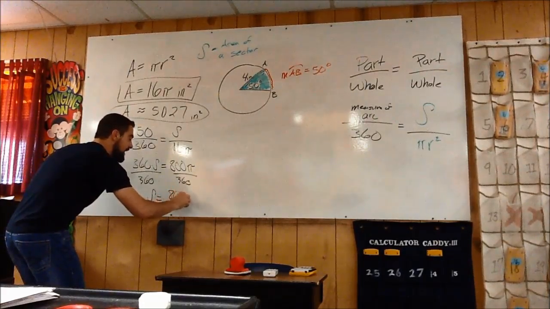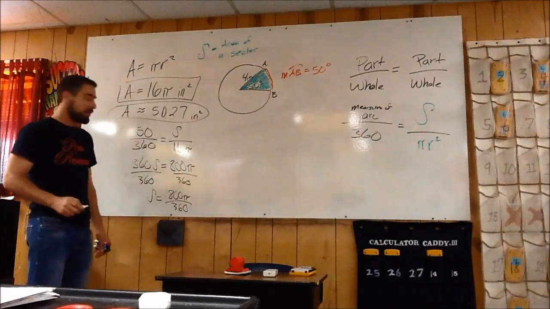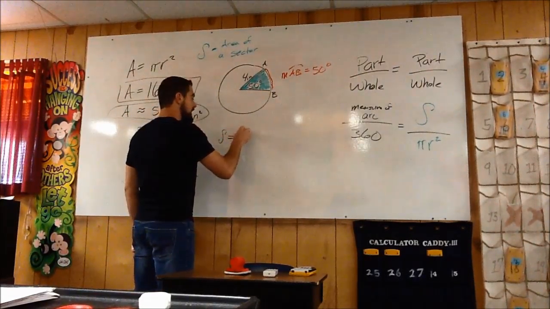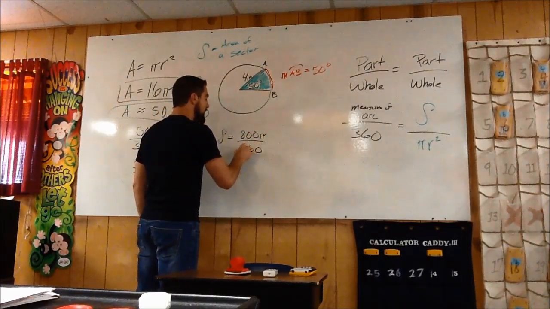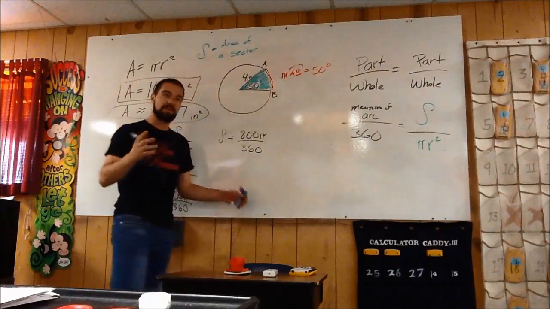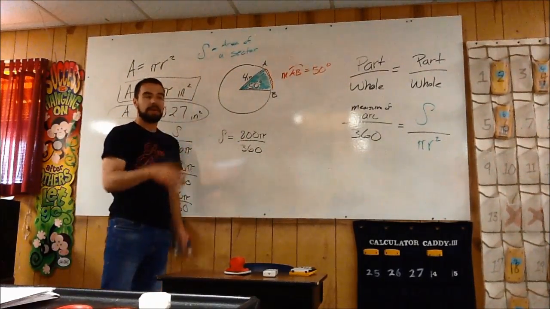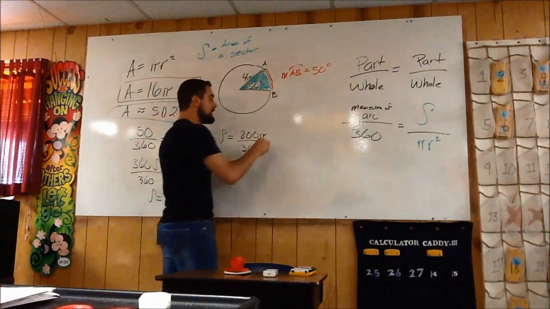This is my exact answer. This is the correct value, but we need to simplify 800 pi over 360. I'm not going to make you do this by hand and show your work, dividing by 10 and then by 2 and so on. Just let the calculator do this for you. Type in just the coefficients.